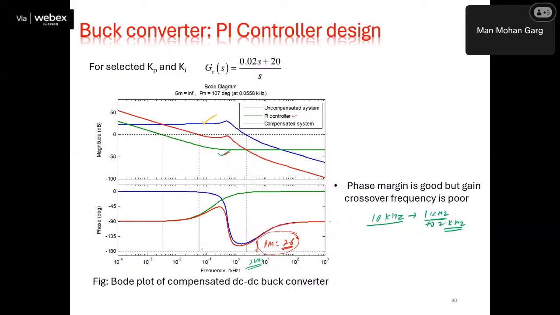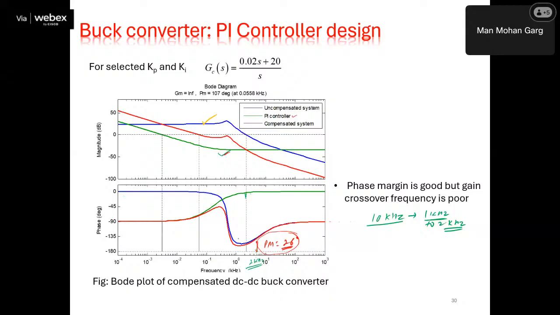I have to come back. And this system, the green one, PI controller, if you see its phase plot, it is always introducing minus 90 degree, right? If I come back, then I have to see that whatever phase margin I require from the compensated system should be available with the system, right?